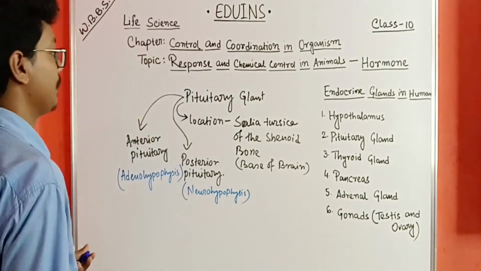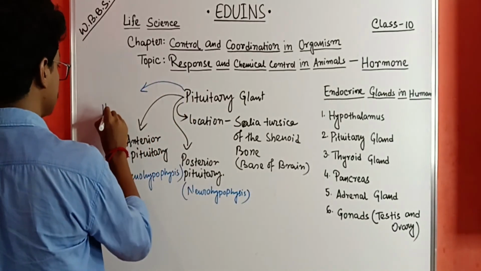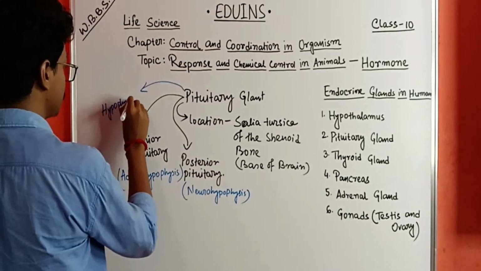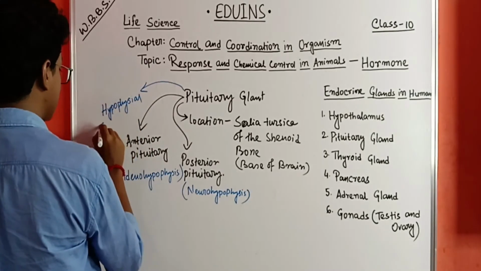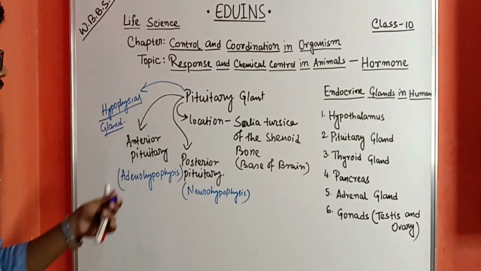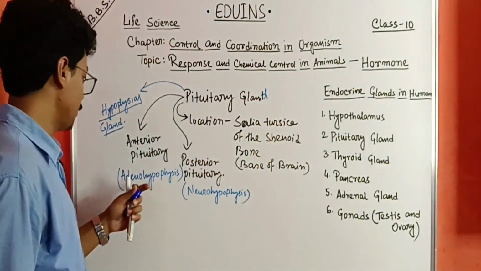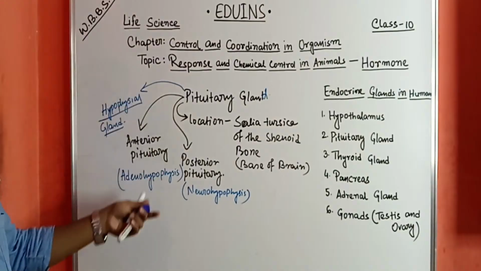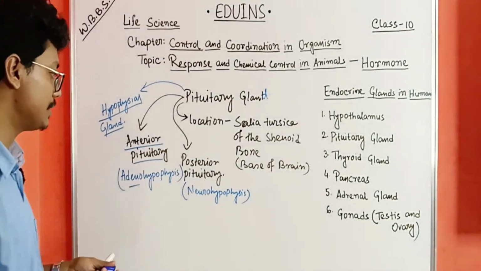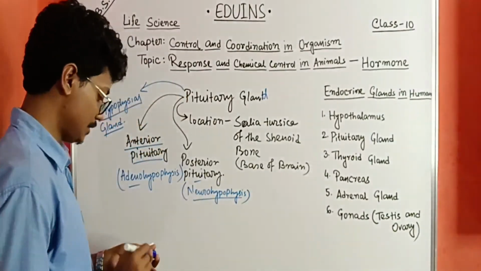The pituitary gland is also known as the hypophyseal gland. The pituitary gland has two lobes: the anterior lobe, known as adenohypophysis, and the posterior lobe, known as neurohypophysis.